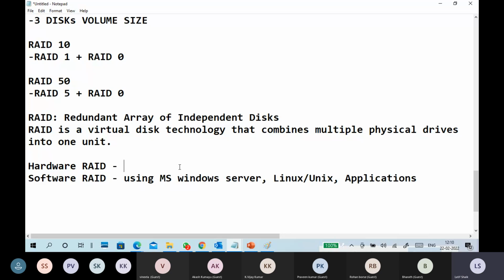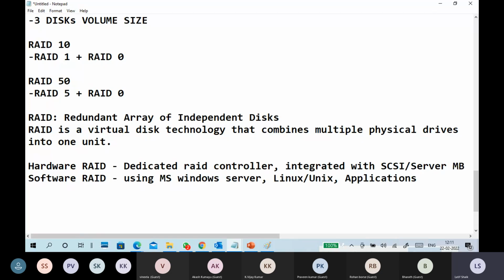Hardware RAID is a dedicated RAID controller, or integrated with SCSI controllers or server motherboards.